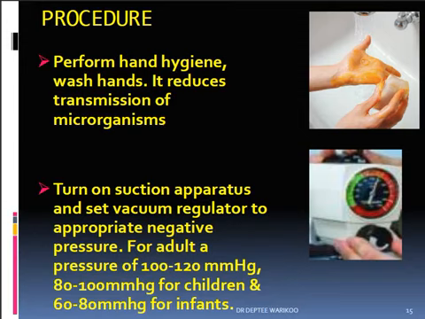For adult, a pressure of 100 to 120 mmHg should be recommended. 80 to 100 mmHg for children and 60 to 80 mmHg for infants. This is very important that you know how much pressure has to be set on the suction apparatus. It is very important. So please do remember the accurate pressure to be given before performing the suction procedure.